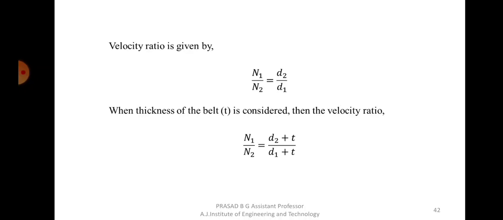So in that case, n1 by n2 should be equal to d2 plus t divided by d1 plus t, because thickness will be same throughout for driver pulley as well as for driven pulley. So if there is considerable thickness, we will also have to consider the thickness of the belt. So n1 by n2 will be equal to d2 plus t divided by d1 plus t.